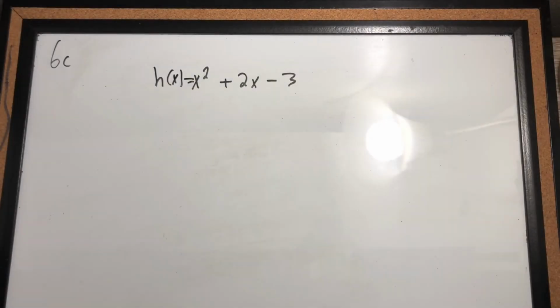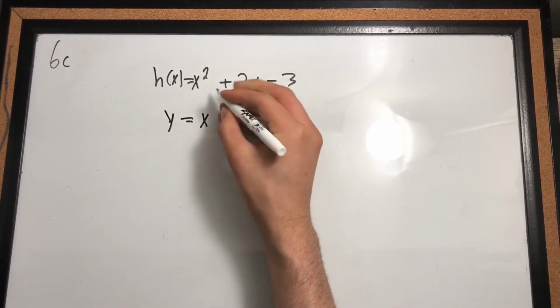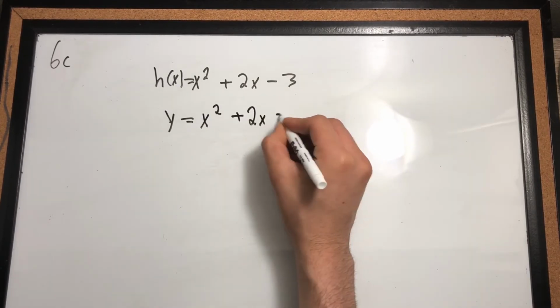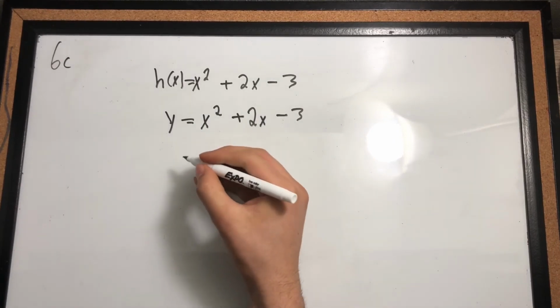Okay, for 6c, we have to find the inverse of this quadratic function. We're going to start off by changing this equation to a y equals. So y equals x to the power of 2 plus 2x minus 3. After you've done this, you're going to switch x and y.